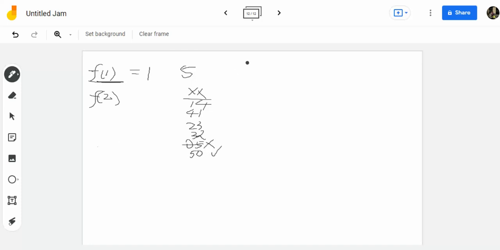Then we say f3. f3 is what? This time we allow 3-digit numbers. So we have this one still counting, and to this one we add a 0. Same thing with this one, adding a 0 will be okay.